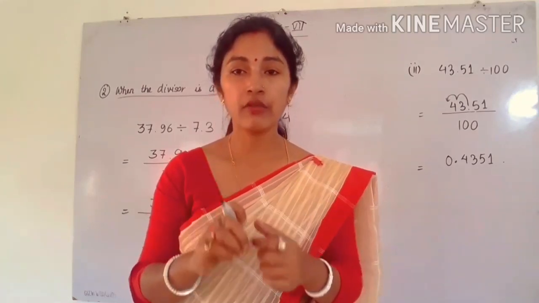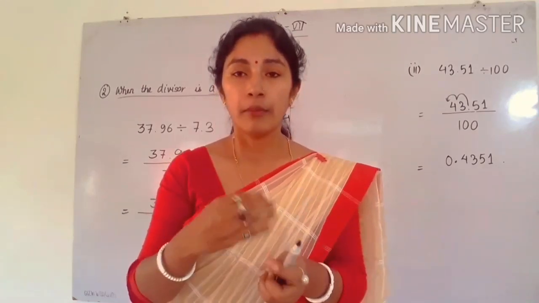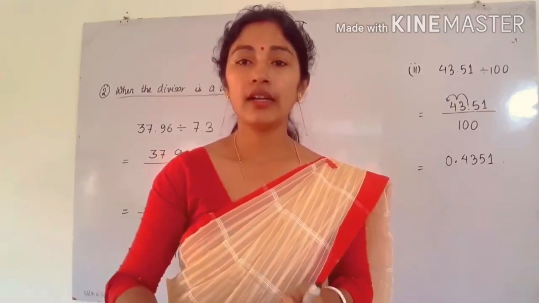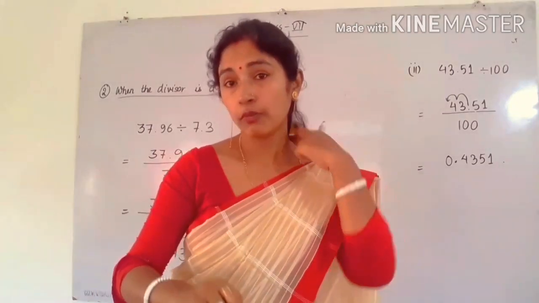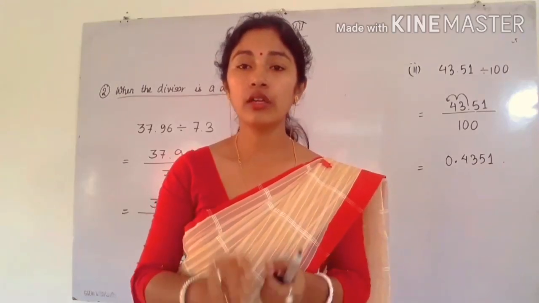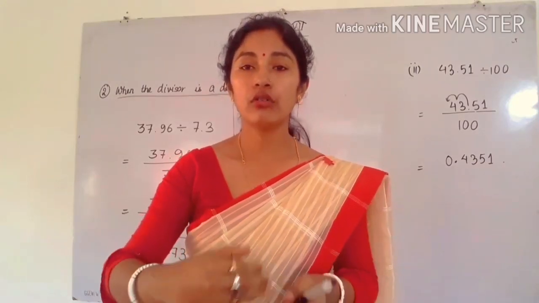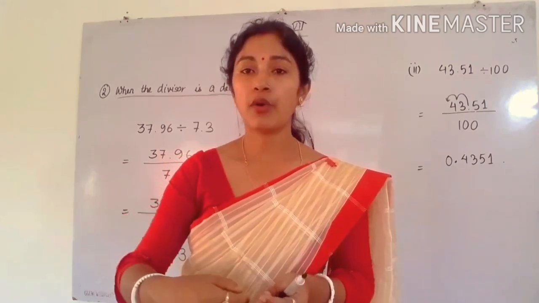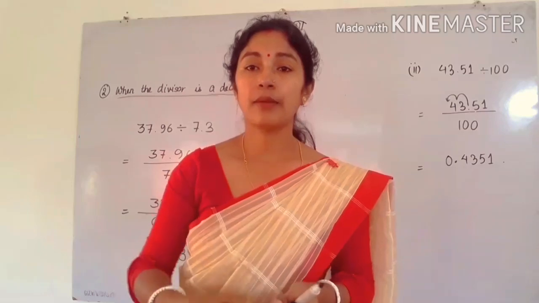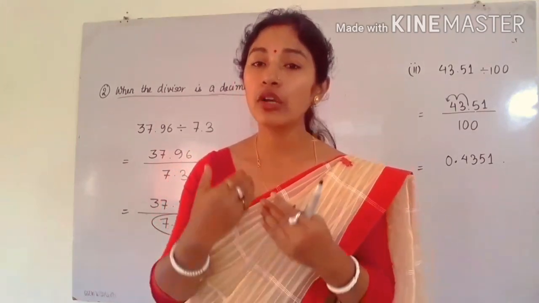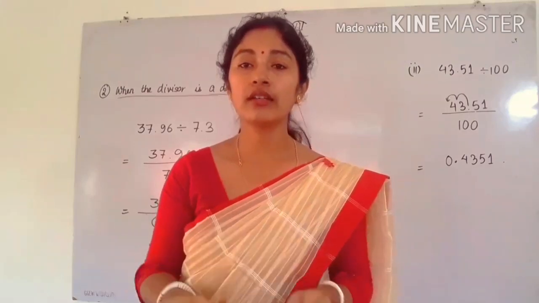Whenever you are doing a question, first of all make a plan for how to do it. Don't do it directly, and without planning don't do the questions. Before you start, plan how to execute the question, how to write the answer properly, how to write the steps. This is the important thing. Here you have to do only division, no need to do any extra work.